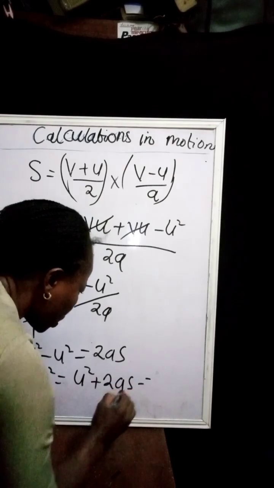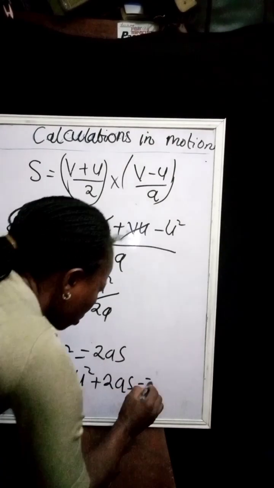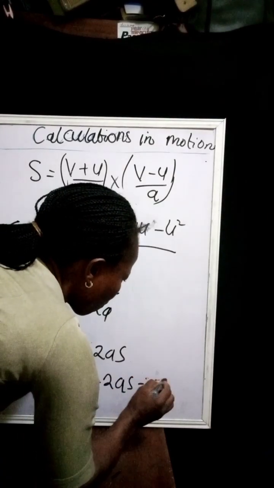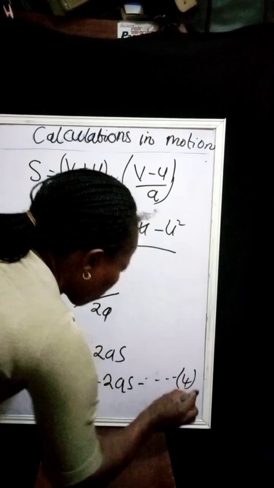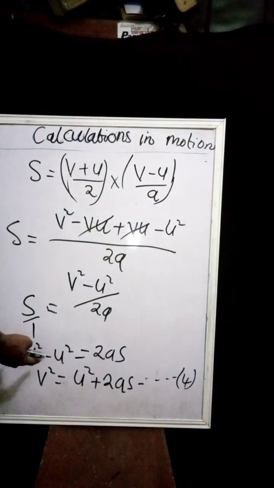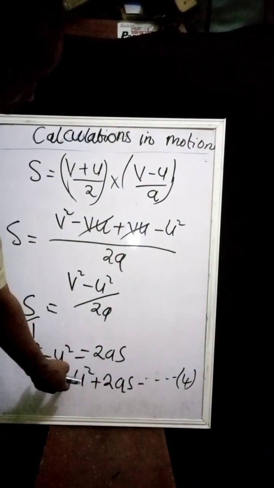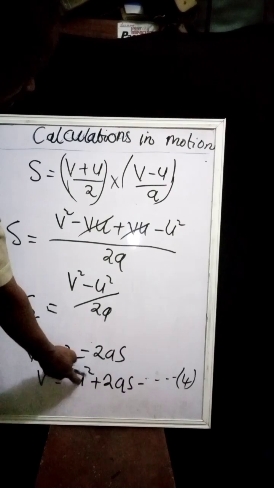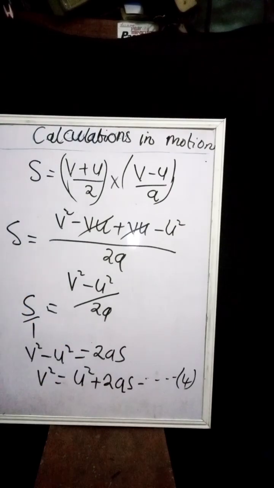And that is equation 4. Remember that when this vu crosses the sign of equality, it will become plus, and that is the reason why it's like this.